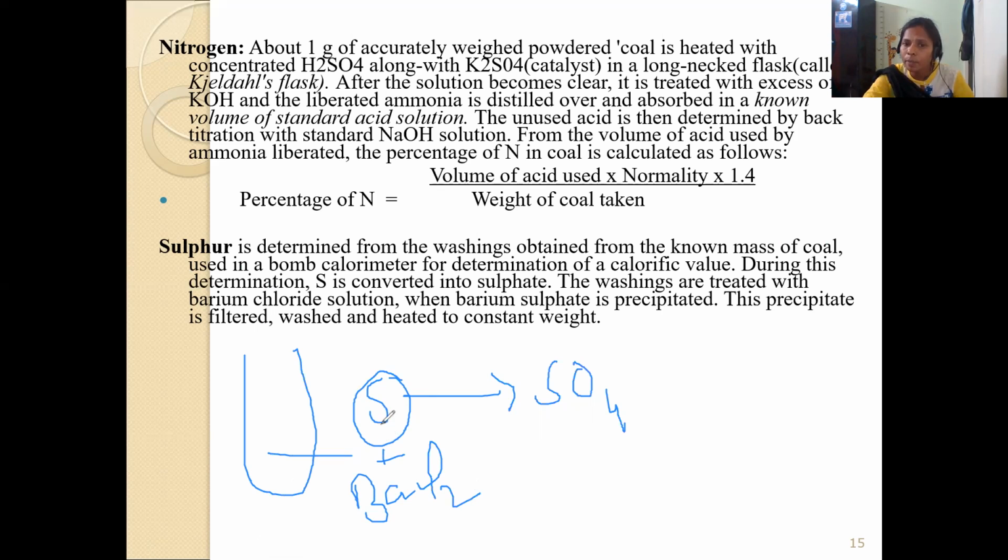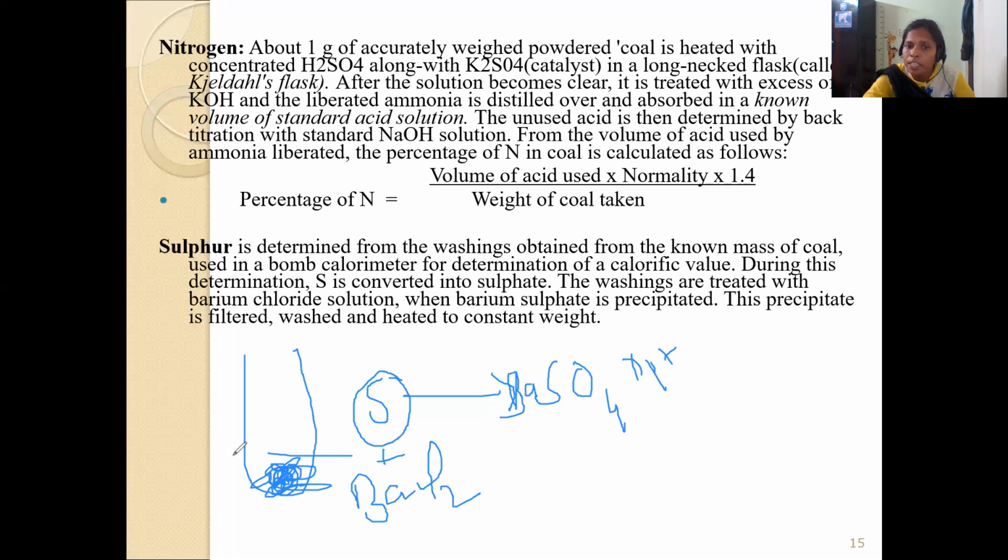When it is treated with barium chloride, the sulfur has more reactivity with barium, and it immediately converts to barium sulfate. But this barium sulfate is in the form of a precipitate. This precipitate is completely settled down at the bottom of the container. It is like powder. So we need to collect this precipitate now.